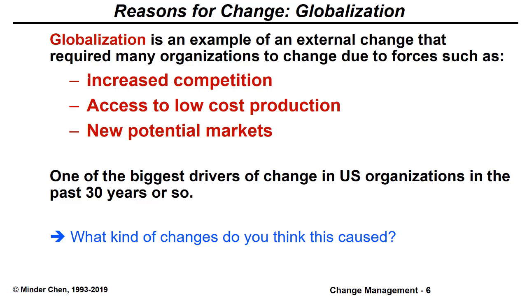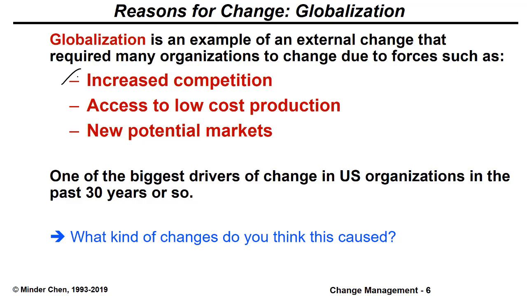Let's look at some of the factors that cause changes. One is globalization. It's an external change that requires many organizations to change. Globalization brings increased competition; maybe foreign competitors come to our market.